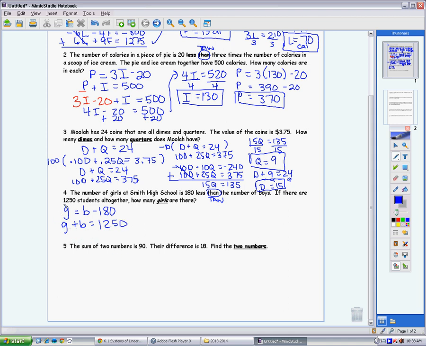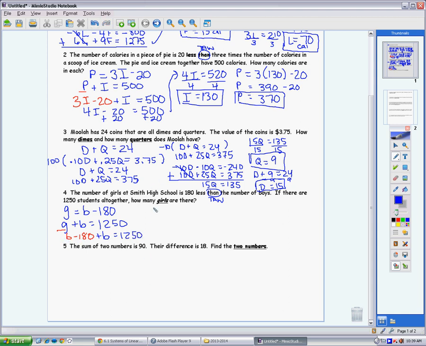Okay, so in this case, since I have G already solved for, I'm going to use substitution. So instead of writing G, I'm going to write B minus 180, and then I have the plus B equals 1,250. Then from here I'm going to combine like terms.